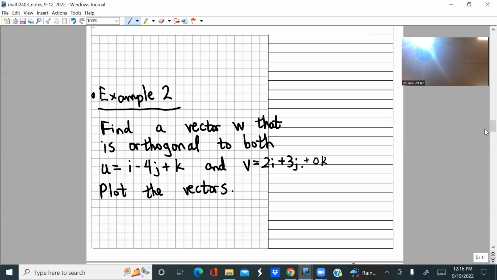Not an art class, so you don't have to make your art excellent. But cross product. So if you're having trouble doing the calculations, ask me here.